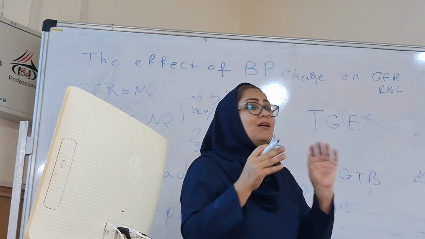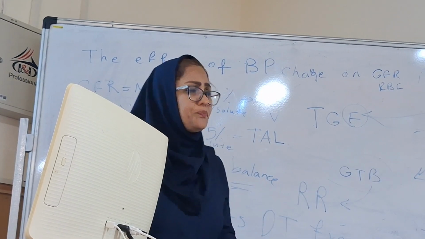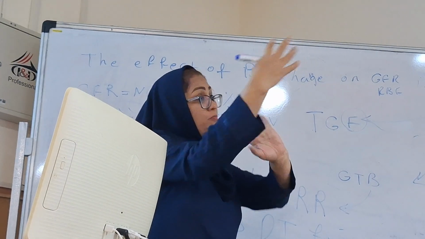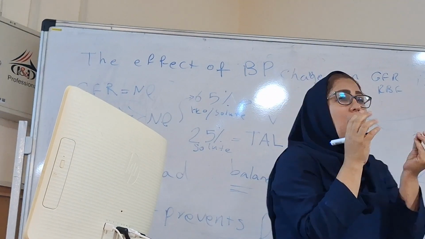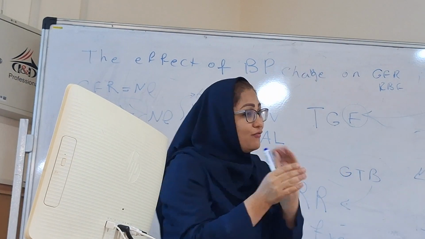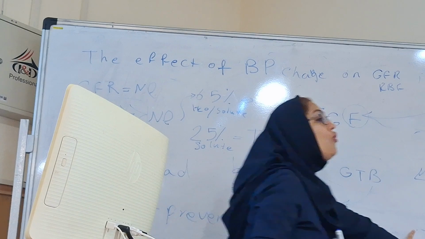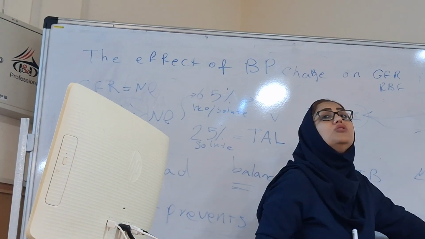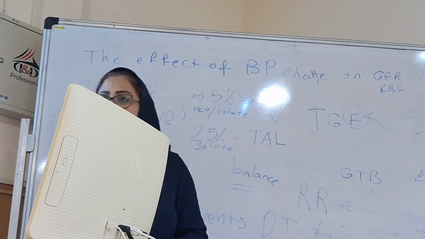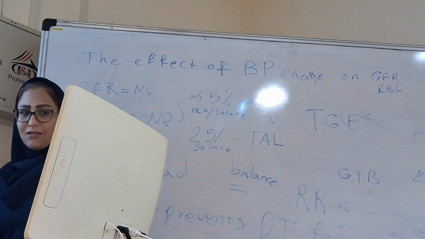Why? Because, as I told you, the last portion of the nephron is doing the final processing. It is very important. We have to prevent overloading of the distal tubule by this mechanism.